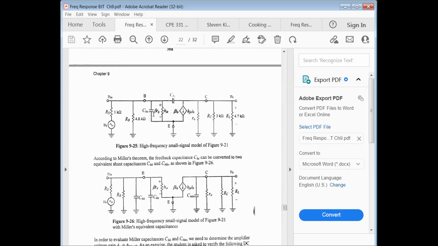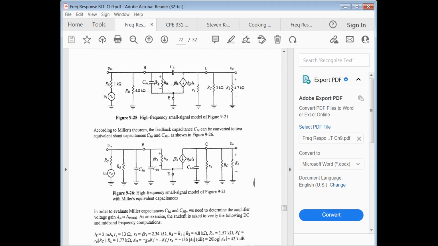So here is the small signal model. Here's your base, here's your collector, here's your emitter. Between your base and your collector, there's this capacitor, which wasn't there before. Between your base and your emitter, there's this capacitor that wasn't here before. So this is what our new high frequency small signal model looks like.